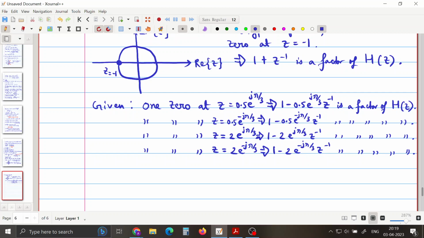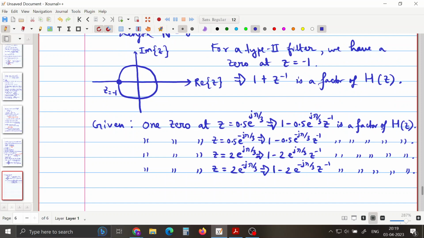Fine. So we have the factors. 1 plus z inverse is one factor, this is another factor, this is another factor, this is another factor, and this is another factor. So altogether we have 5 factors.